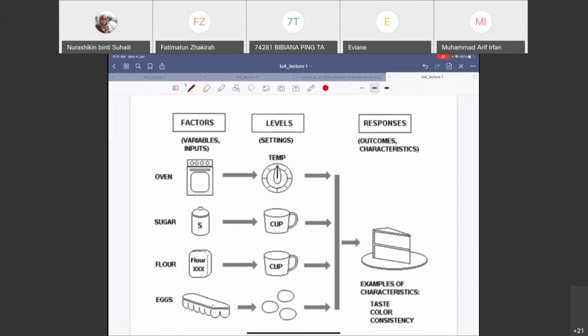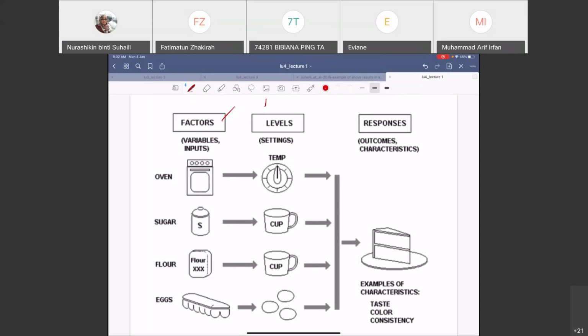So factors, we have discussed, and levels. There are also levels within the factors. For example, let's say you want to vary temperature. You want to study the effect of temperature on bacterial growth.